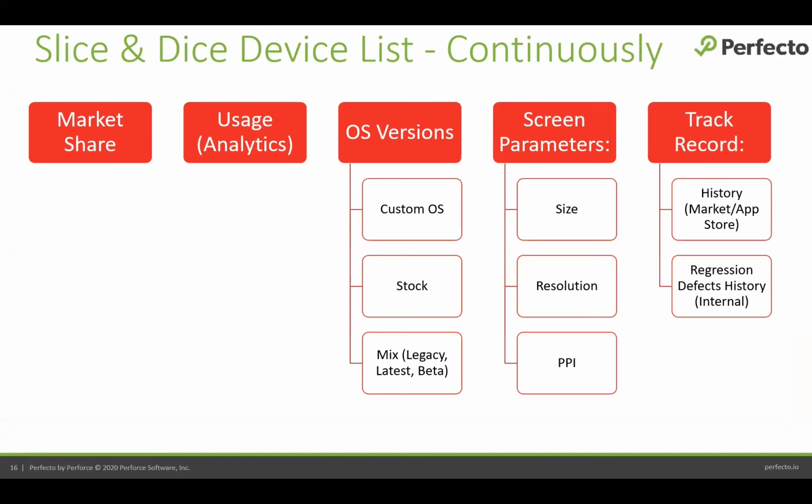So customers should look at their own Google Analytics or other analytics, and also see in their Jira which devices and which defects they have in the history, so they can make sure that they are not neglecting them as part of their regression. But if a customer looks at his track record history and his analytics and combines what I'm providing with the index, he can actually be up to date with the market and make sure that the device lab is always relevant. Okay.